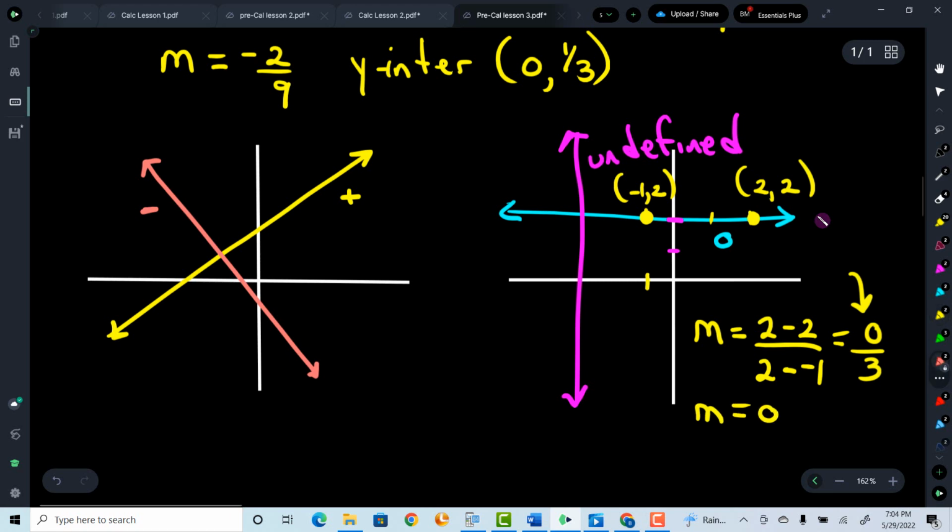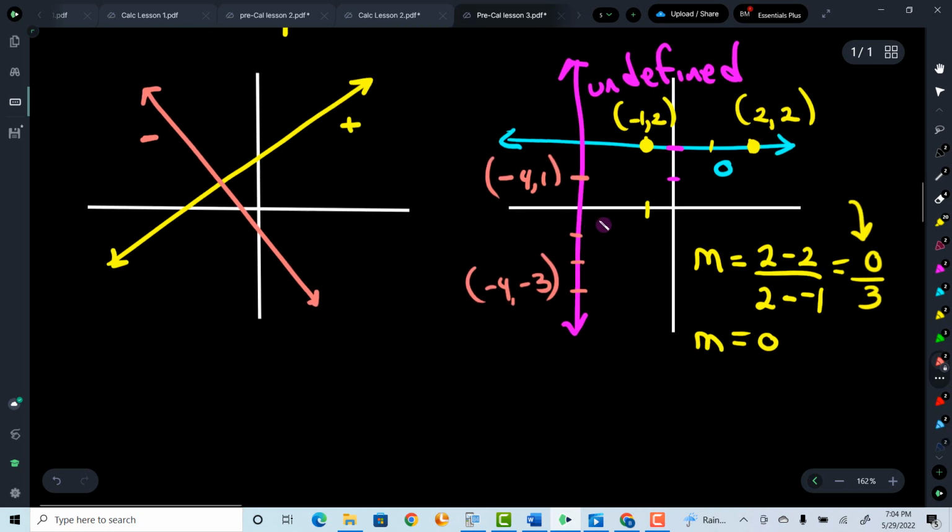Right? Let's pick 2 points over here. Let's call that negative 4, 1, and then we'll look at this point down here. We'll call it negative 4, negative 3, right? Let's see what happens with those 2 points. So I would have -3 minus 1 over -4 minus -4.